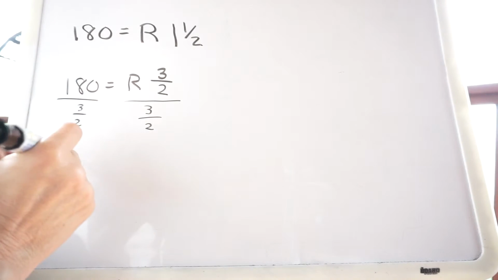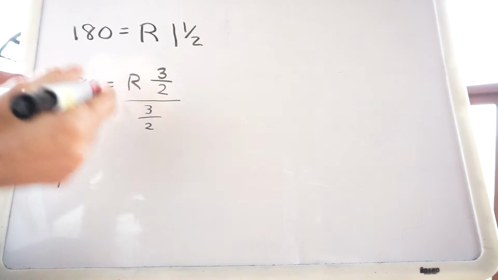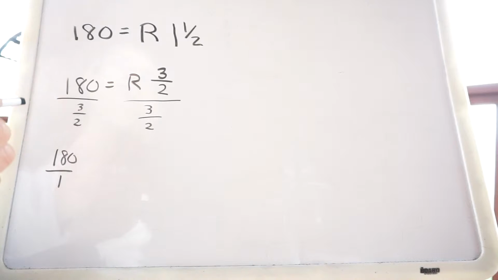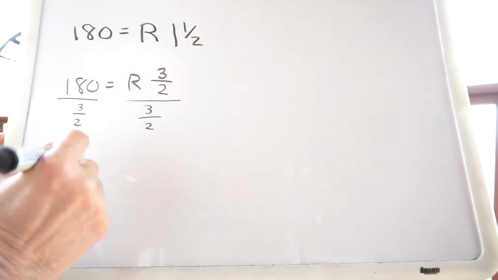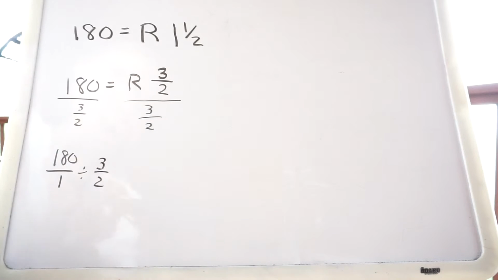Okay, so we have 180 over 1, because the whole number 180 you can write as over 1, dividing by a fraction. So if we have divided by this, remember when we're dividing fractions we do keep, change, flip.